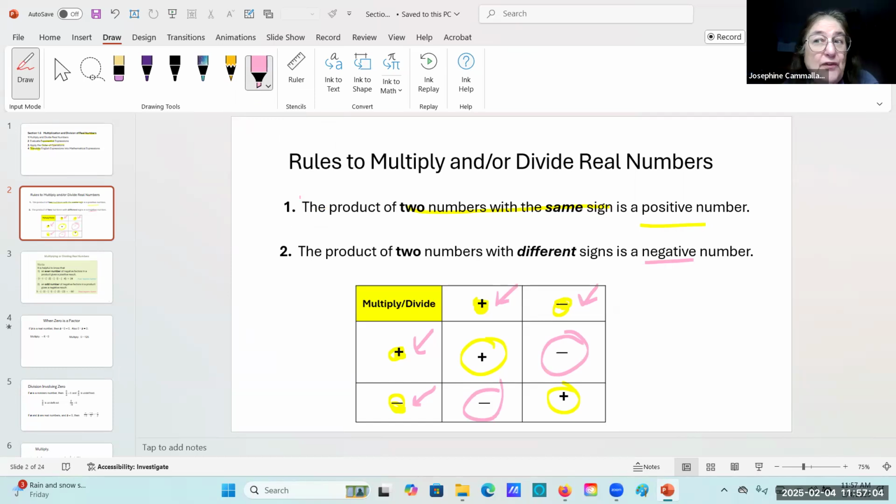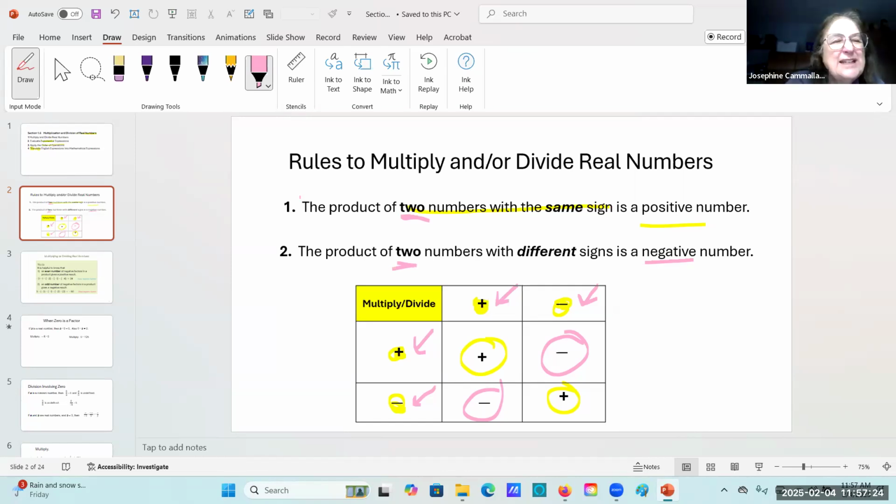So two factors that multiply together that have the same sign are positive. Two, now notice I'm talking about just two, that have different signs, they're negative.